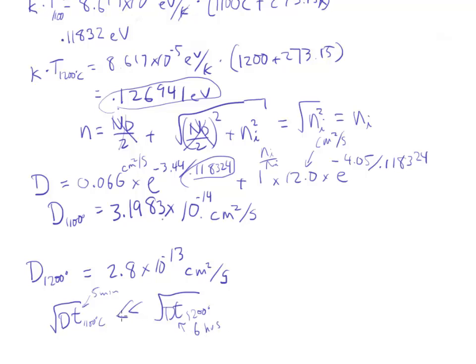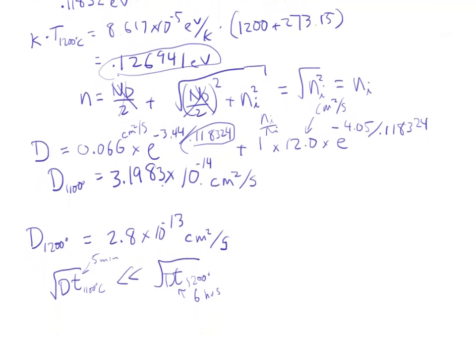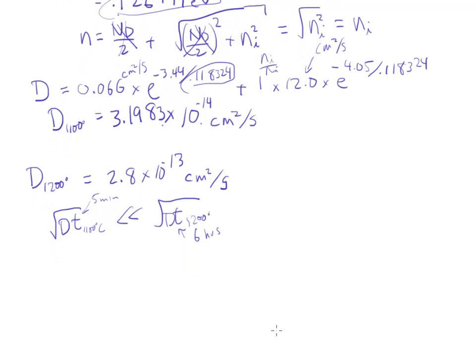If that condition is true, then we can use the approximation formula for dose. So we need to check that first, and that's the next thing done in the example. We need to figure out these two values.